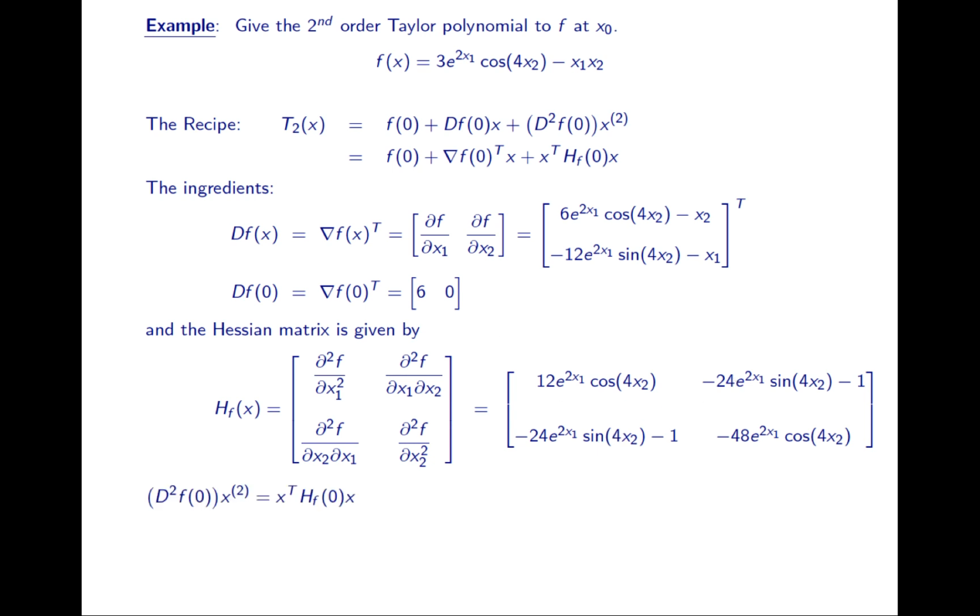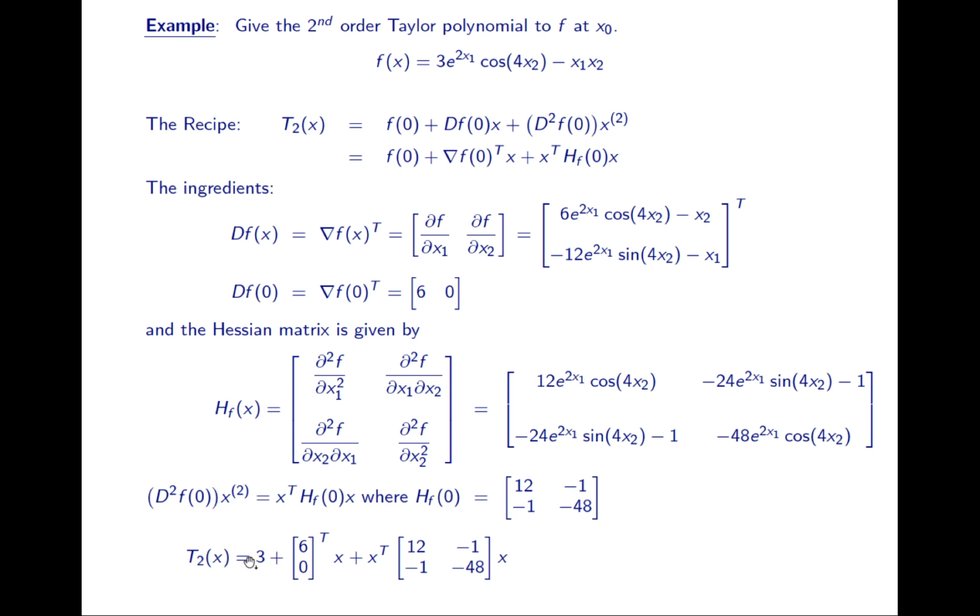And when I evaluate at 0, I get my Hessian evaluated at 0, which would be 12, negative 1, negative 1, negative 48. And of course, that's the matrix that's going to define my bilinear map, specifically given by this term. So I now have all the ingredients, so I can add my ingredients to the recipe.